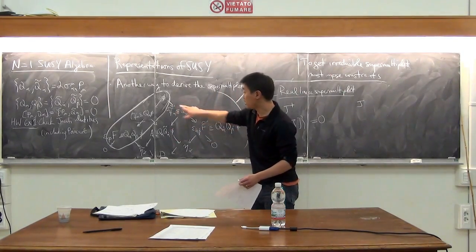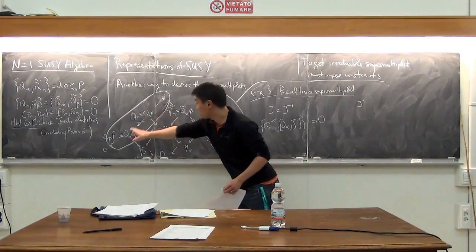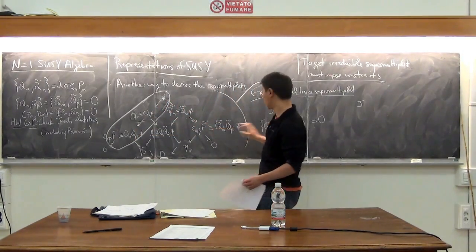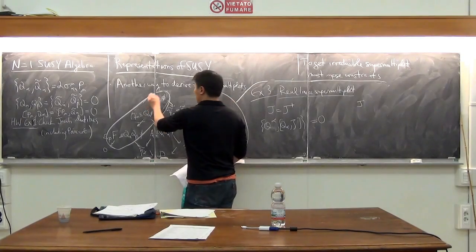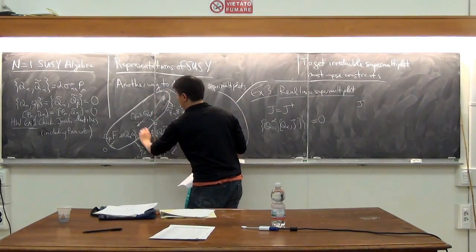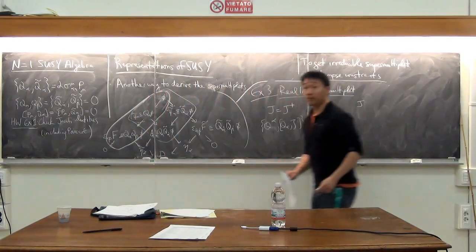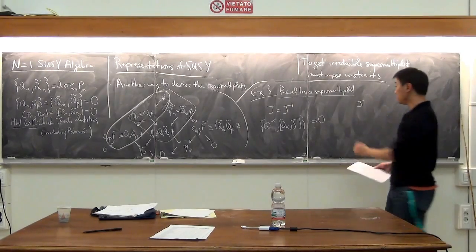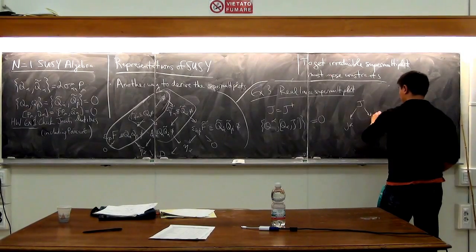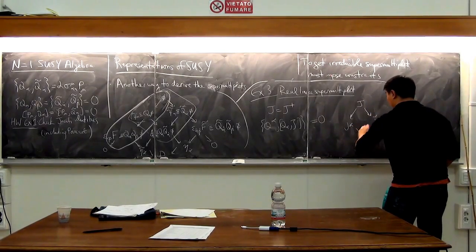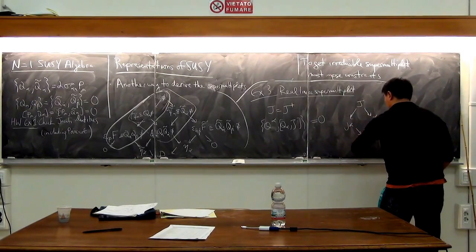If I act twice with Q, or twice with Q tilde, I'm supposed to get 0 from the constraints. So what this selects out is this part of the diagram. I have J, I have 2 fermions, J alpha and J alpha dot, and I have some J mu.